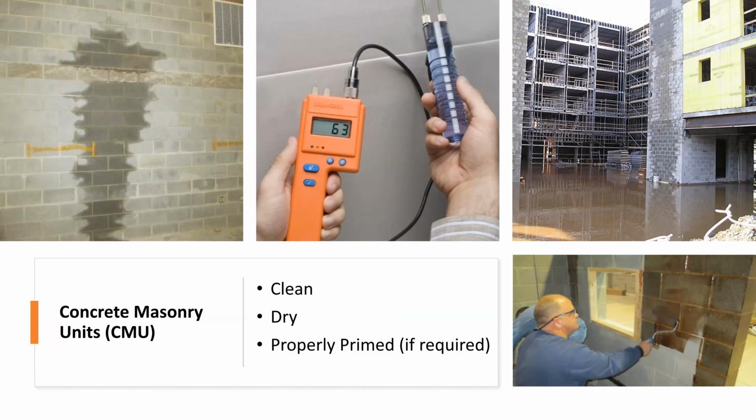Okay, so we'll start with concrete masonry units. I'm going to say that this is probably one of the more challenging ones from the aspect of air barrier application. There's 2 reasons for that. One, it's a very porous type substrate. 2, it doesn't have the greatest surface profile, right?